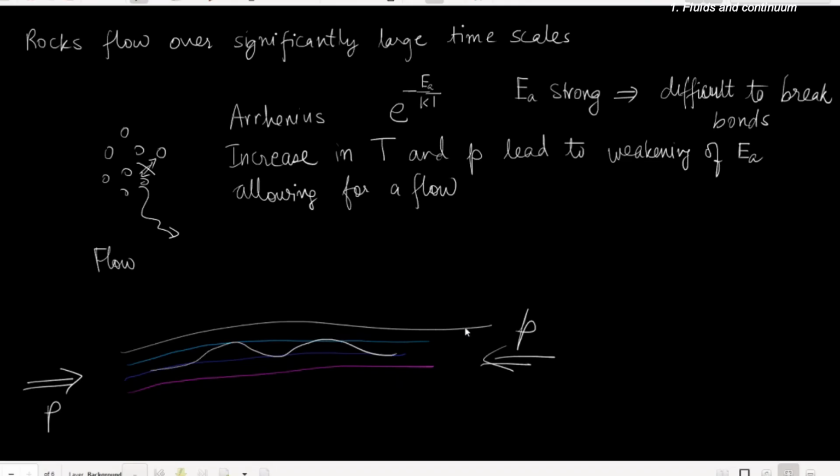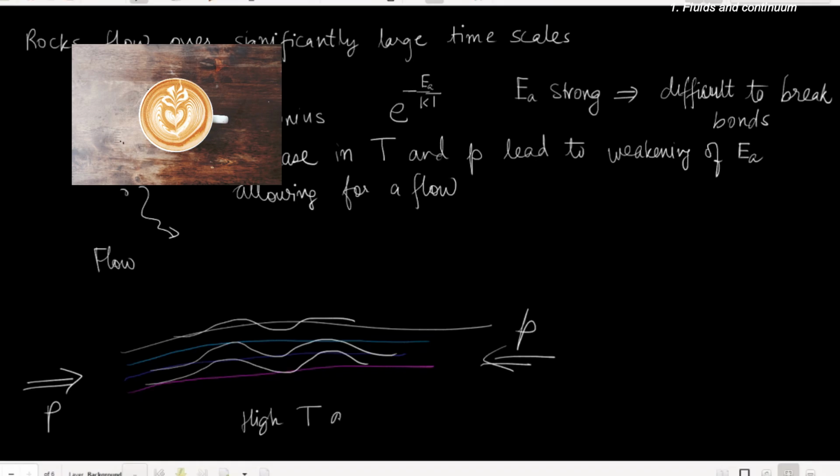And this has a certain analogy with the stirring or the stretching and folding of the milk when we pour it over black coffee. So you might have seen in various cafes that they make a nice pattern on top of the coffee.